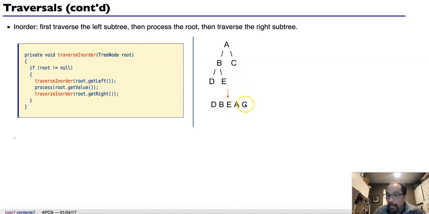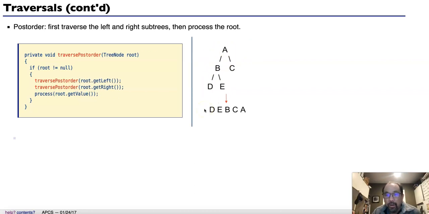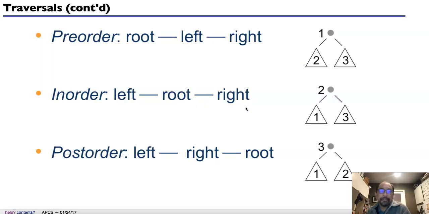It could actually be on the left side, or it could be on the right side if there are no right or left subtrees. So with in order, the root can appear anywhere in this list. Whereas with preorder, you know that the root will always be on the left, or with post order, the root will always be on the right.